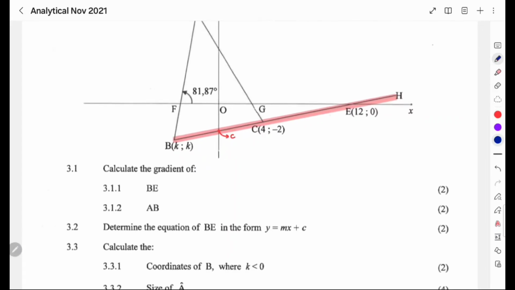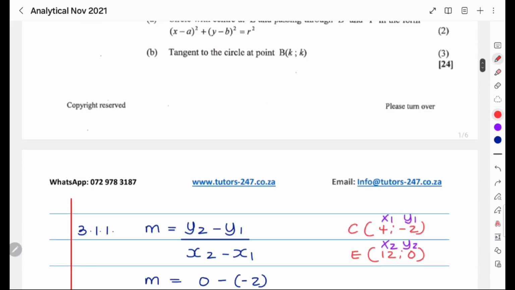So to determine the value of c, the y-intercept, we are going to use one of the coordinates as well as the gradient, substitute it into the equation of a line, and then solve for c, this little c over here. Now you can use the coordinate C or you could use the coordinate E, it's up to you. I'm going to use the coordinate E, which is 12 and 0.